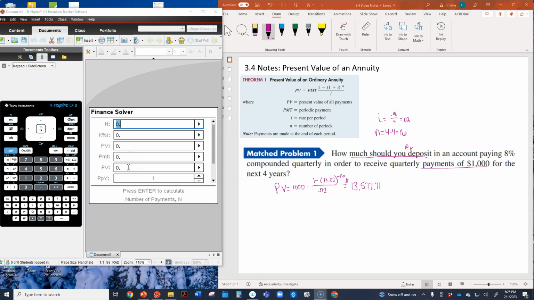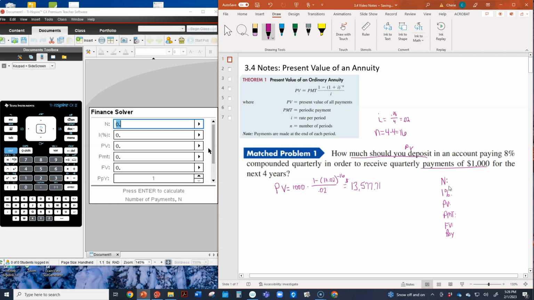So it is my suggestion that you use the finance solver. And the only thing I'm going to ask is, on the test, if you are using the finance solver, then you simply make a list of the values that you put in for the finance solver. So you're going to just show me what you're filling in on each one of the pieces of the finance solver, and that way I will know where your number comes from.